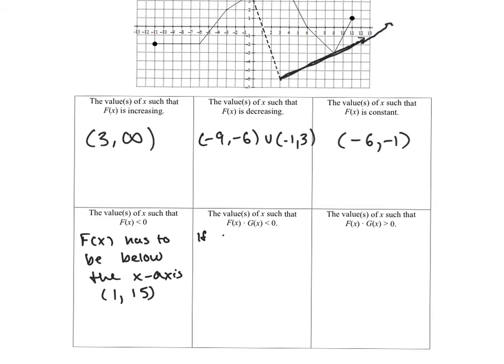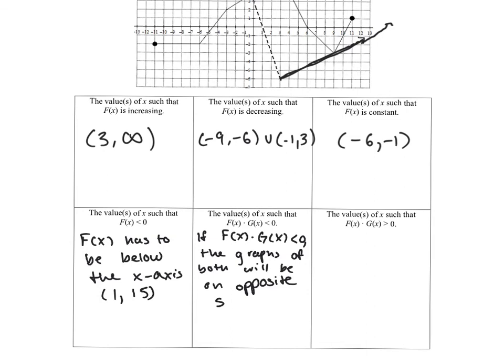So if f of x times g of x is less than 0, then the graphs of both functions will be on opposite sides of the x-axis, okay?